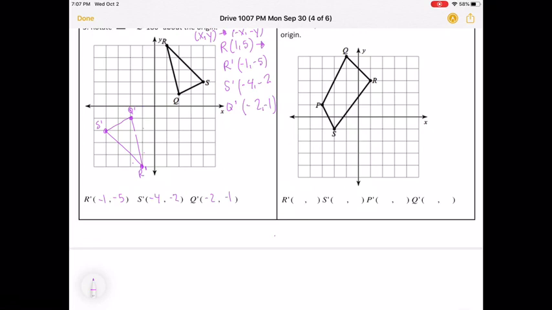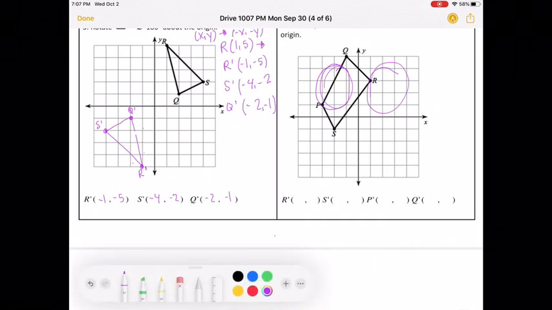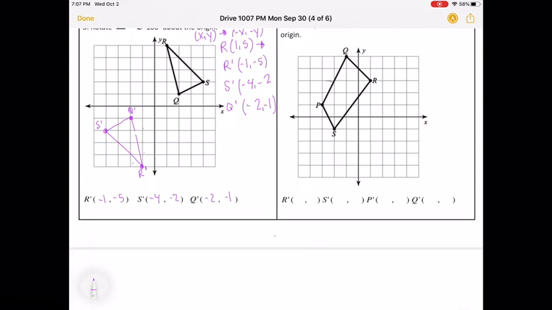So if we started this shape and we went 90 clockwise, that would take us from quadrant 1 into this quadrant, all right? And that's not 270 degrees, right? 90 counterclockwise would put it over here.